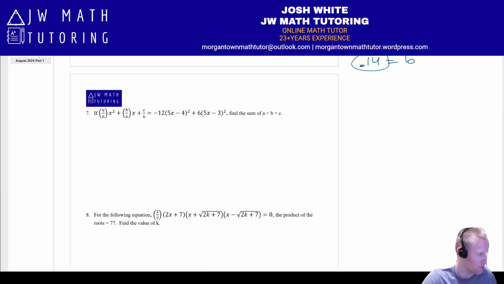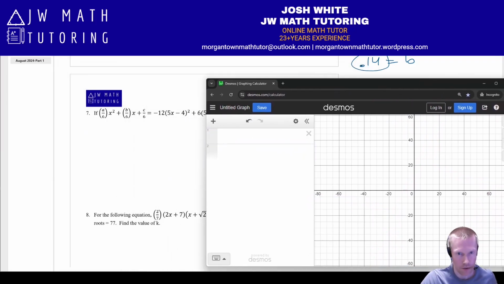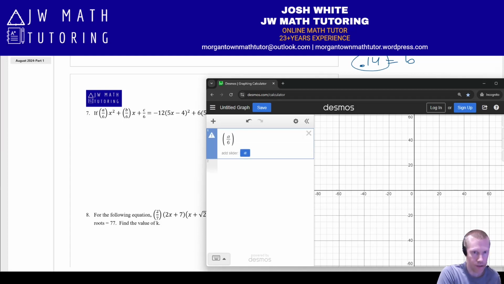Actually, I'll show that first, and then I'll show the by hand method. So what we can do is we can get the values for A, B, and C by doing a regression and setting the two sides equal to each other. So we tilde this.